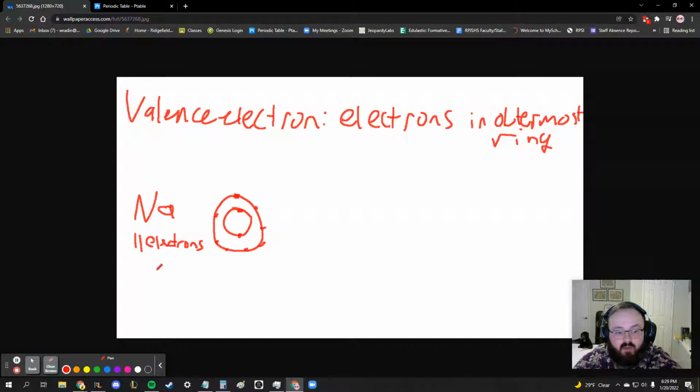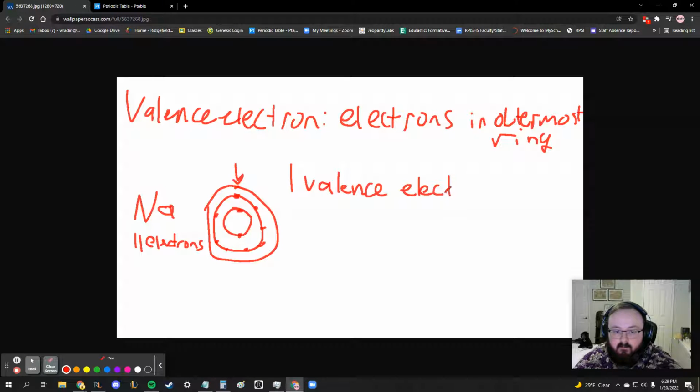So we are now at 2 from our inner ring plus 8 from our second ring, which means we have 10 total. And we are going to put our third electron in our third ring. This gives us 11 total electrons, and only this one as our valence electron. One valence electron. That's the more detailed way of getting it.